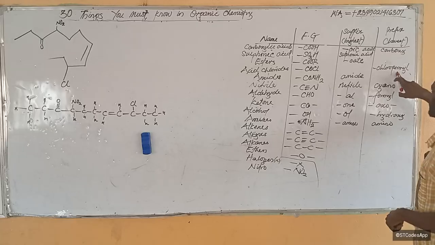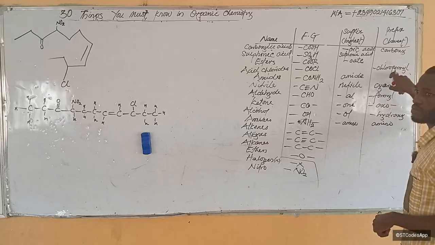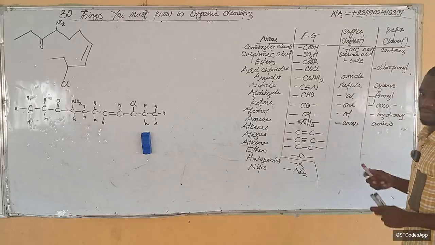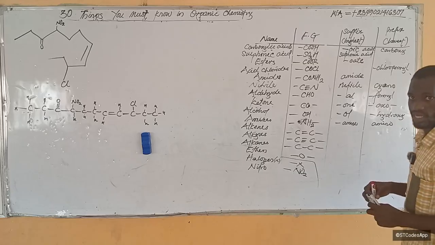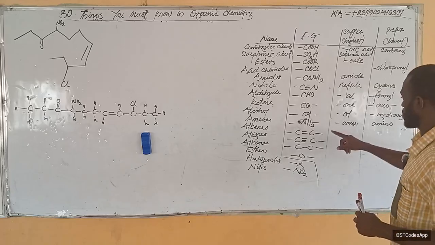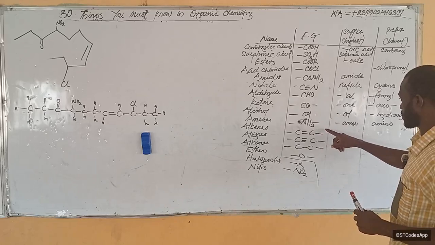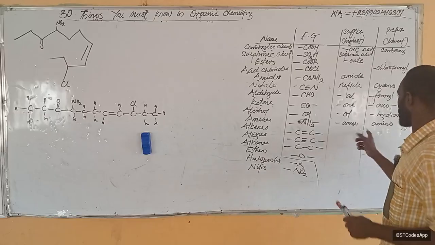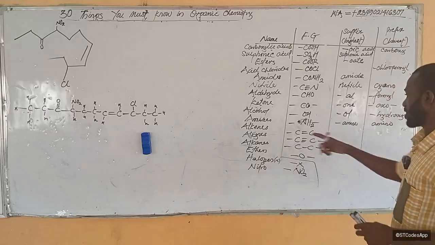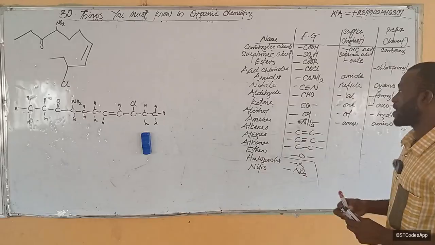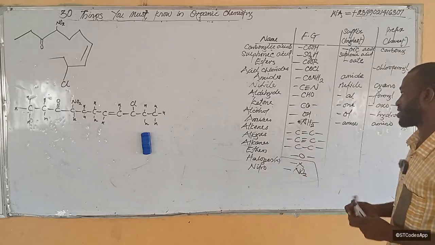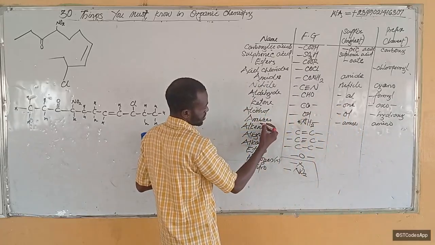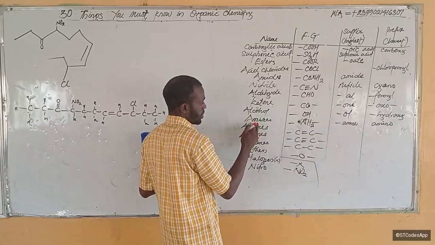So chloroformyl. Yeah, I think it's chloroformyl. Then, okay, sorry. Even before an alkene, there is a thiol group. Before an alkene, there is a thiol group. Or is it before amino?